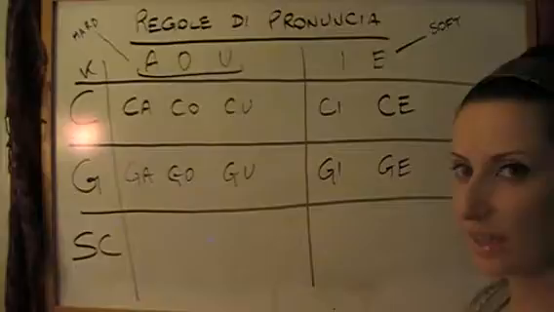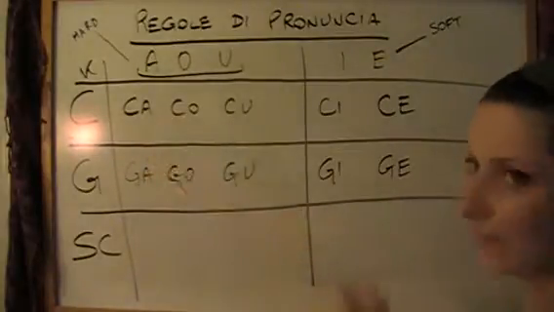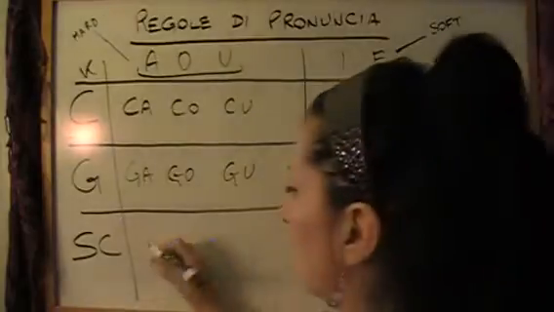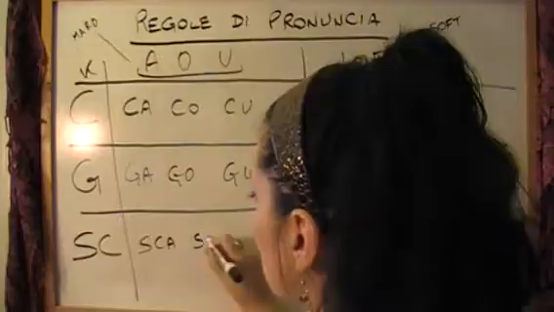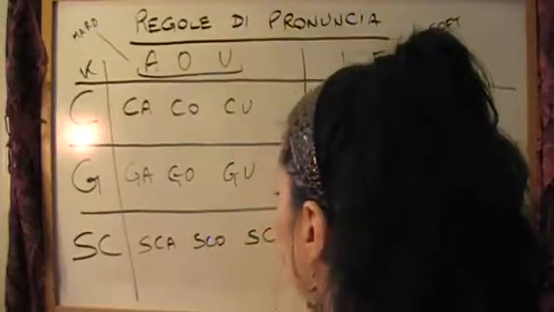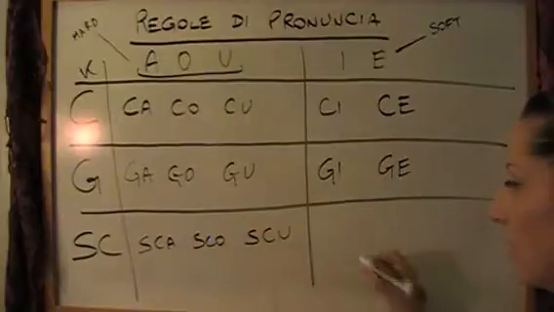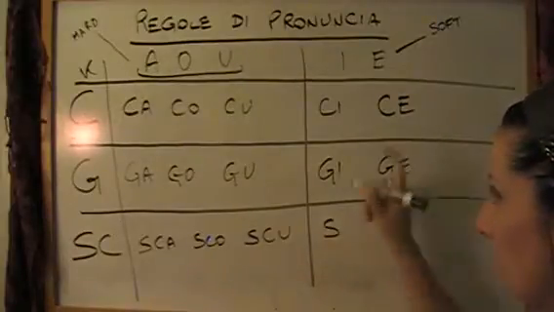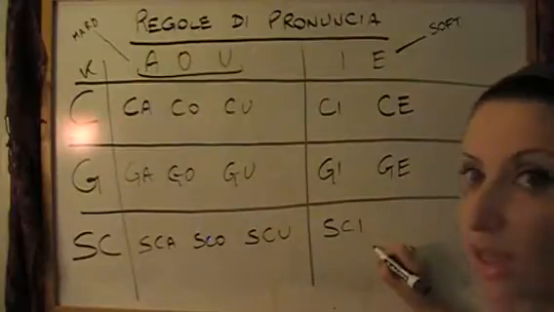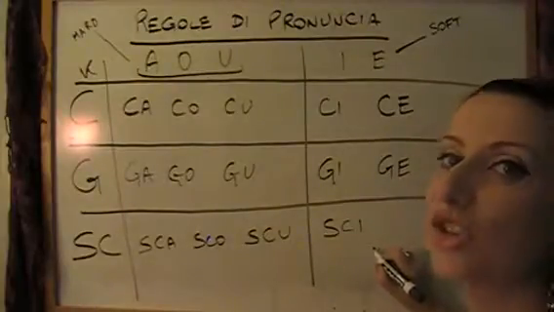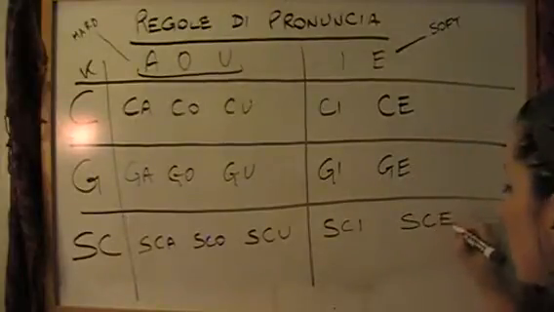This sound is very interesting in Italian, especially the hard one. It's like this one with an S in front. Look: ska, sco, scu. But here it is very interesting. The sounds with the soft vowel become sh, like when you say shut up, for example. Shi, she.